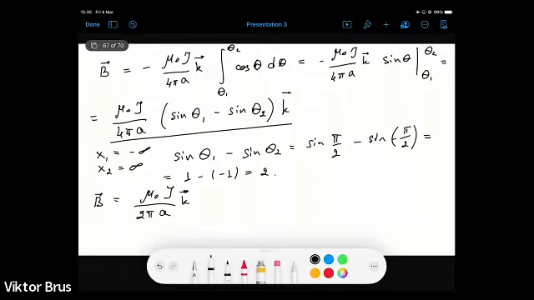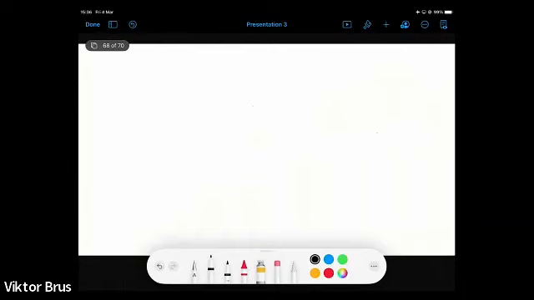So now when we are done with the straight conductor, let us consider some curved conductor. It will be this type of conductor, which is actually part of some segment of a circle.